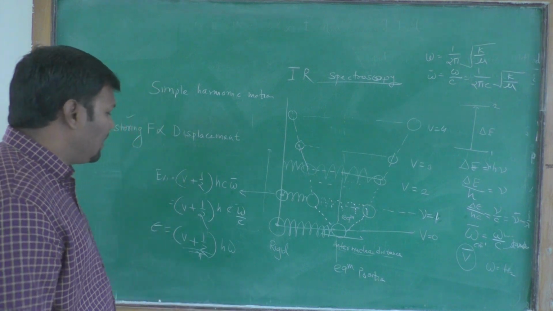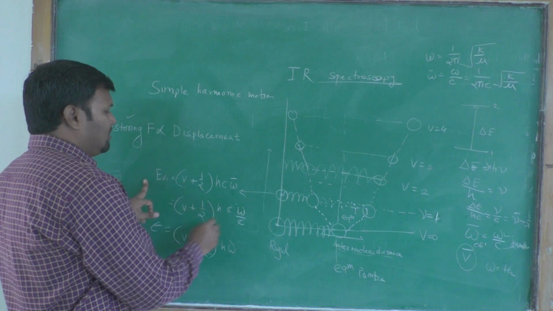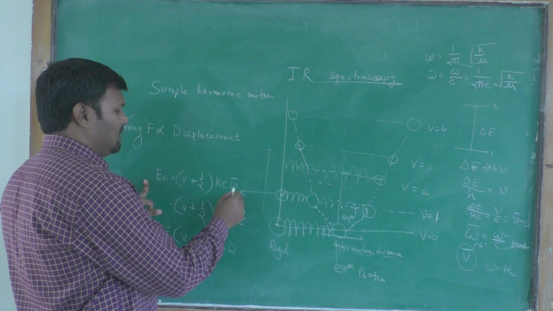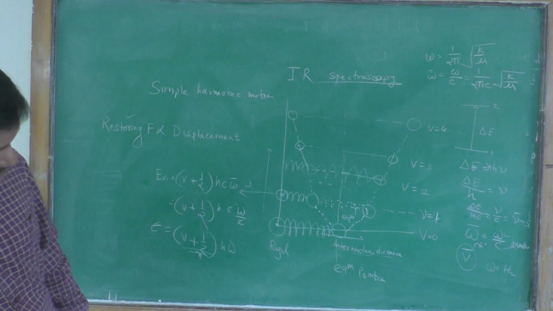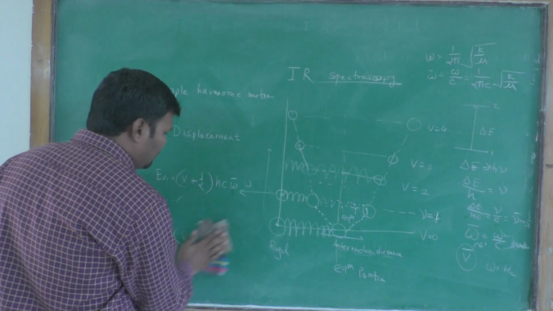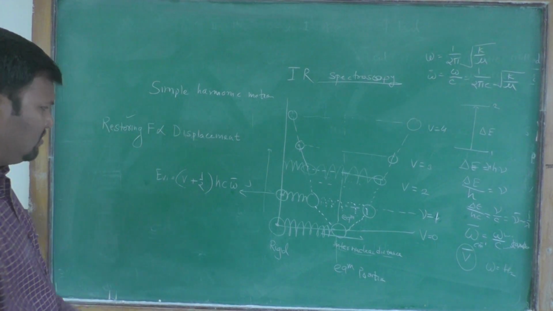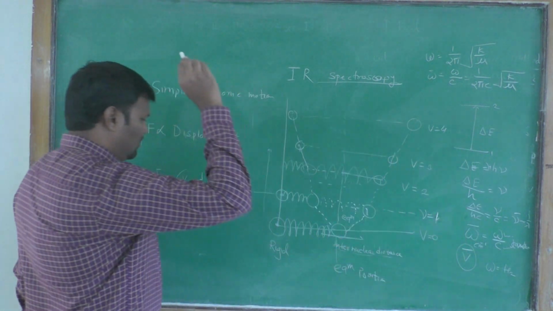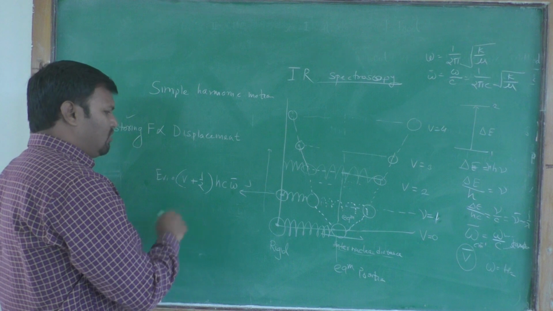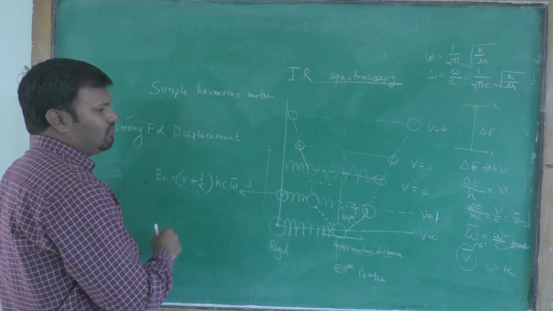This energy is given in terms of the Planck constant, in the form of joules. If you try to convert that energy, we have to also divide by Hc.